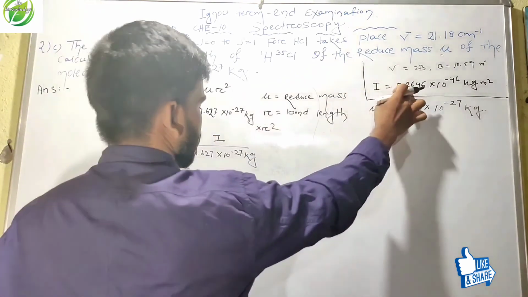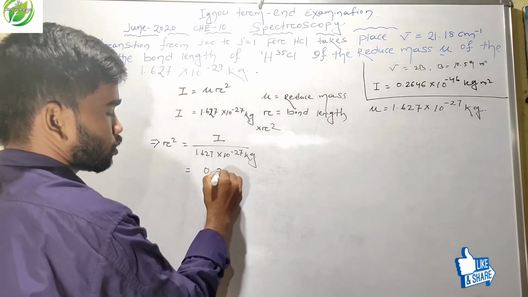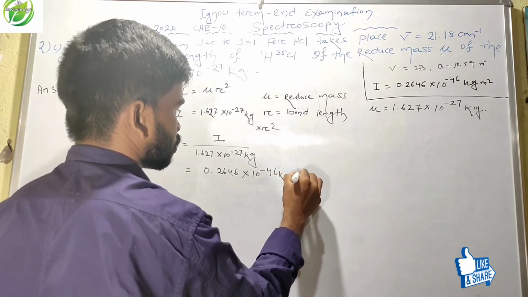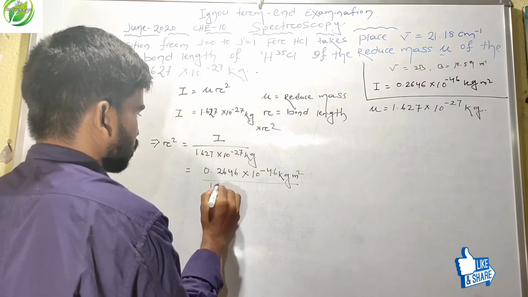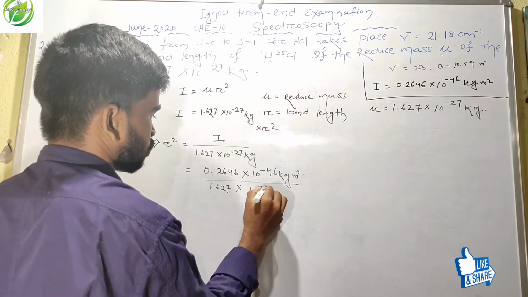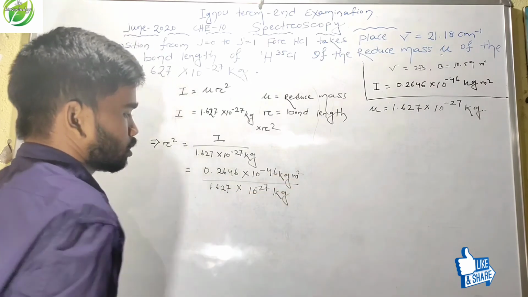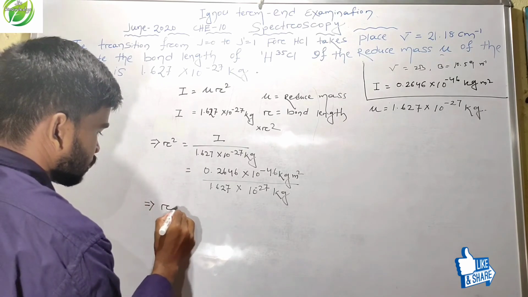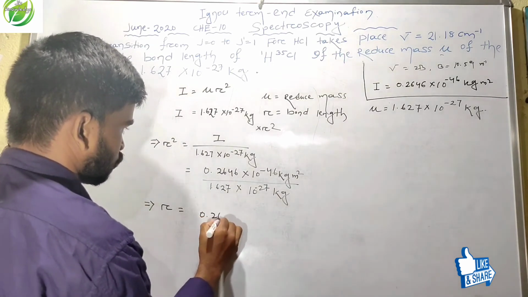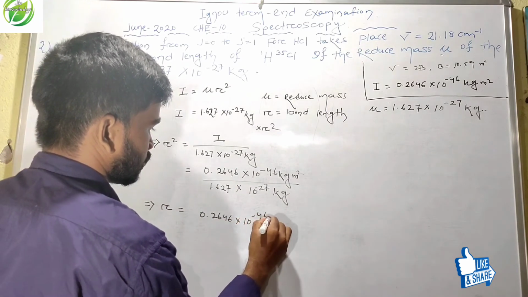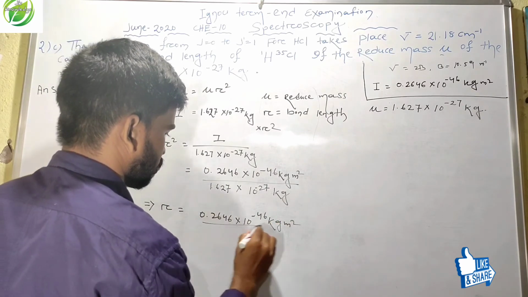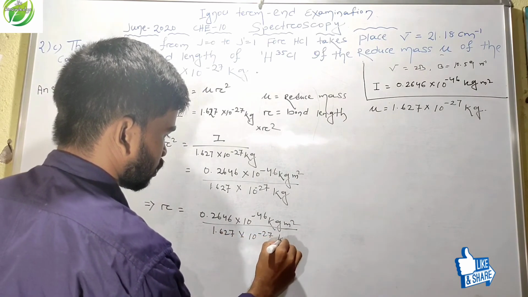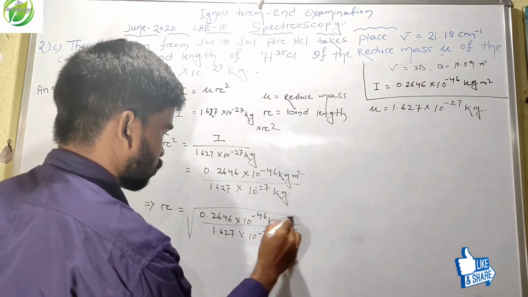We put the I value, 0.2646 × 10⁻⁴⁶ kg m², all divided by 1.627 × 10⁻²⁷ kg. So r is equal to the square root of (0.2646 × 10⁻⁴⁶ divided by 1.627 × 10⁻²⁷).